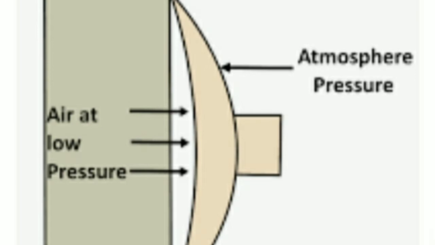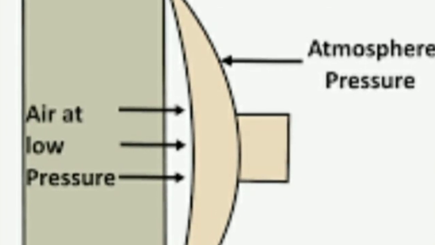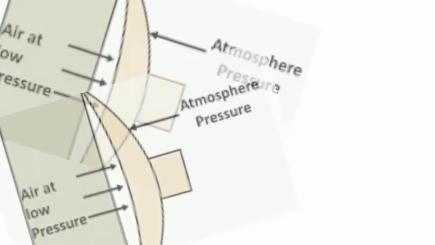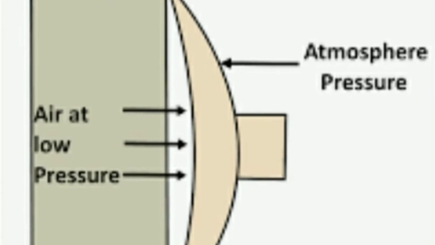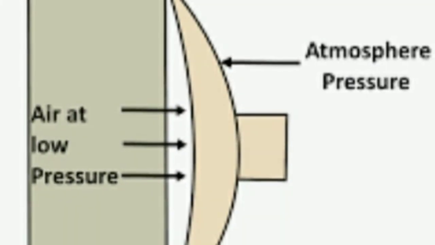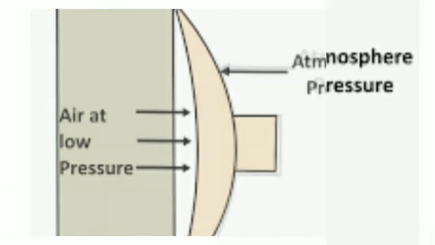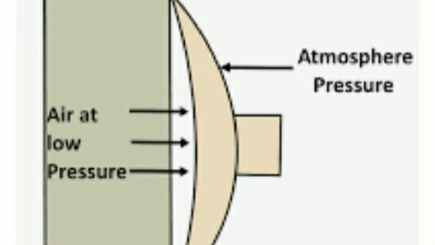You can see a rubber sucker in a picture. Here also I am explaining the same thing. A rubber sucker is a device made of rubber with a concave shape. When you press this rubber sucker on a smooth surface like glass, it gets stuck to the glass.